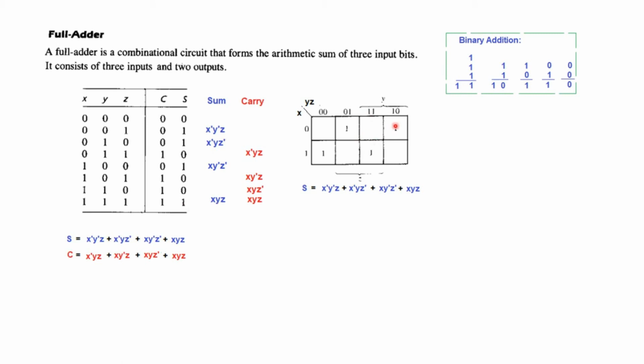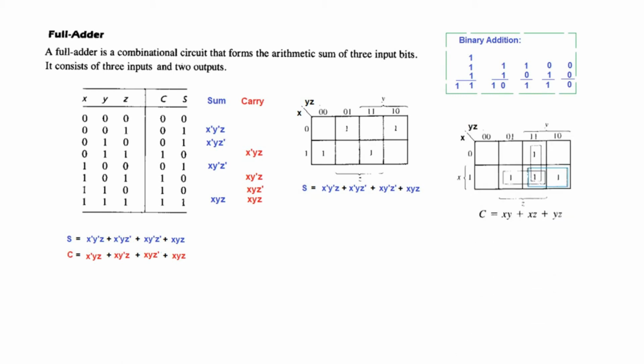So these are the 4 ones we have put in the K-map. Since we cannot further simplify these, therefore we'll write the answer just like this. But now let's see whether we can simplify the carry function.